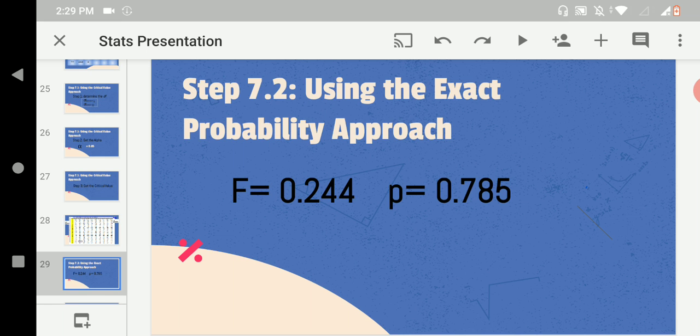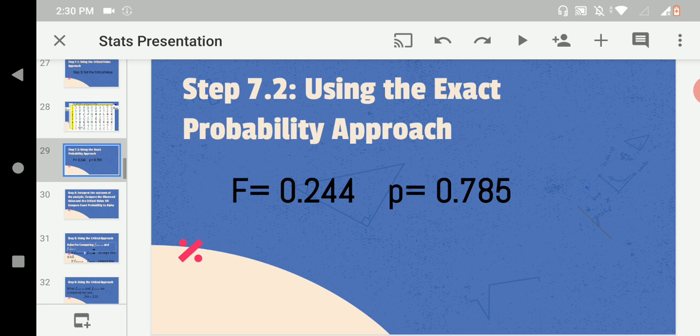But SPSS is user-friendly. Yes, is that the right term? Yeah. There you go. So the F is 0.244. We already calculated that. And the P value is 0.785 according to Turner.